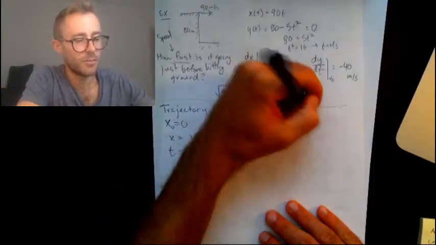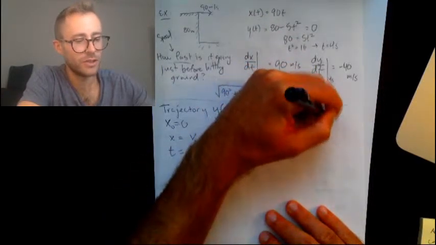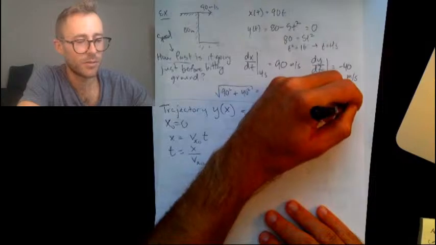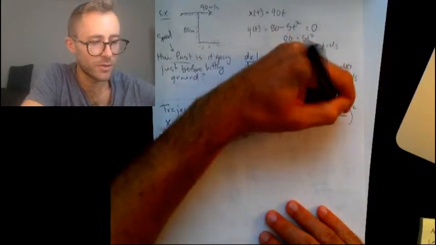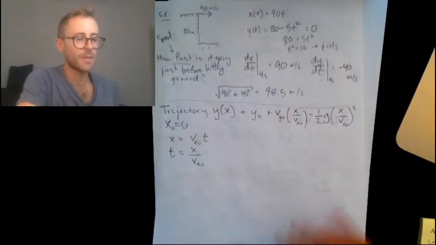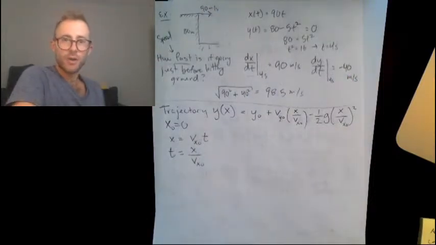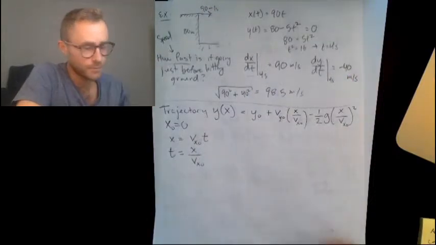And then I have minus 1/2 g t squared, but instead of time, I'm going to put in x over vx naught. So I replaced time with position.